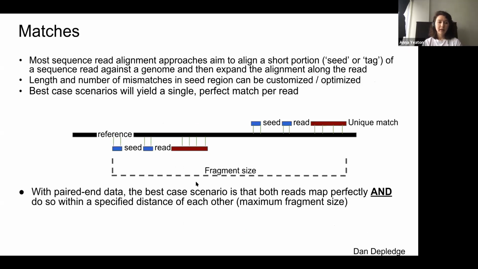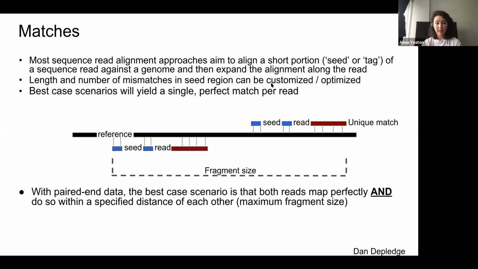Okay, so the best case scenario is that your read aligns to one region of the reference. Usually what programs do is they select one part of your read to find a portion for that initial seed, and then it'll see whether the rest of the read matches to the reference for efficiency.